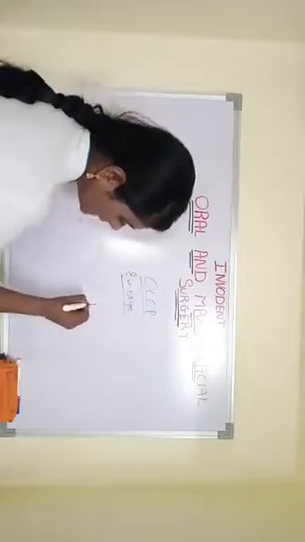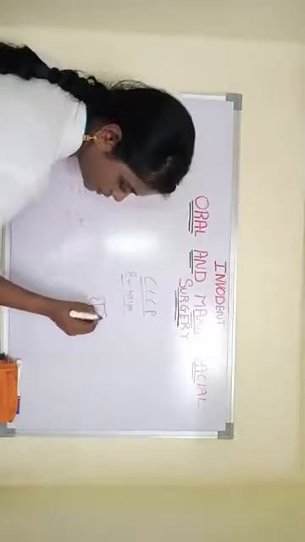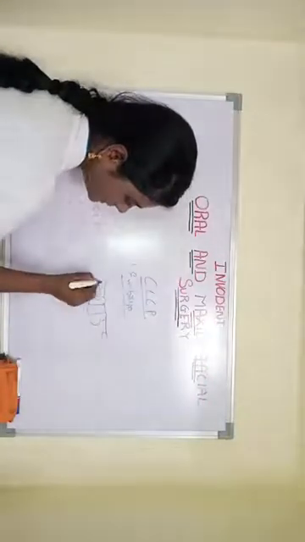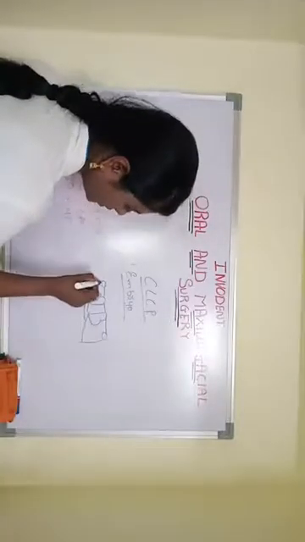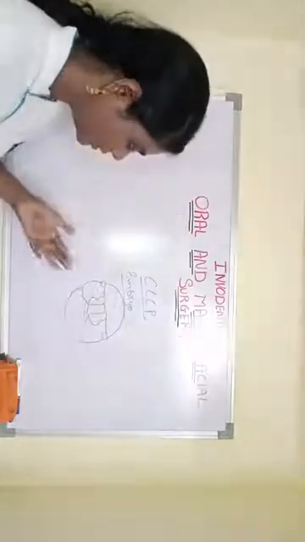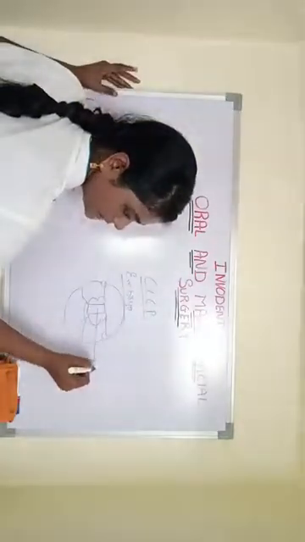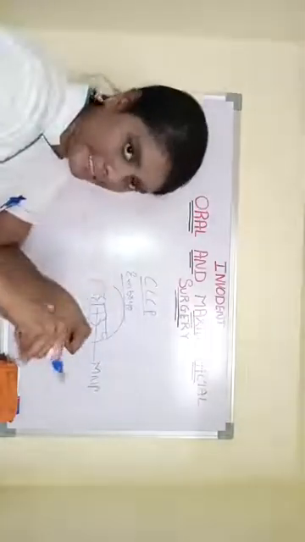What happens is that this is your medial nasal process. These are your lateral nasal processes. These are your eyes. This is your upper lip. This is your face. So, this is the medial nasal process. Initially there will be two medial nasal processes.